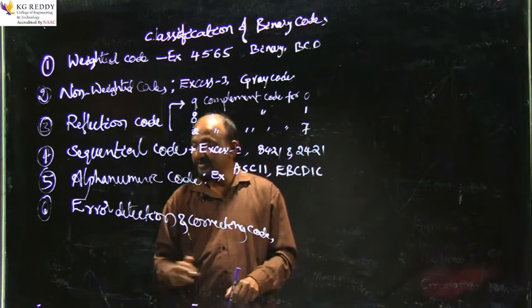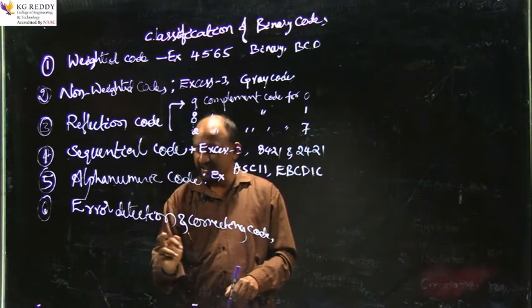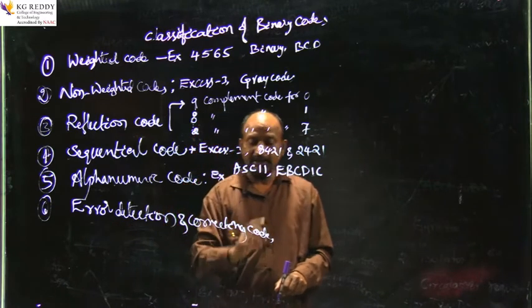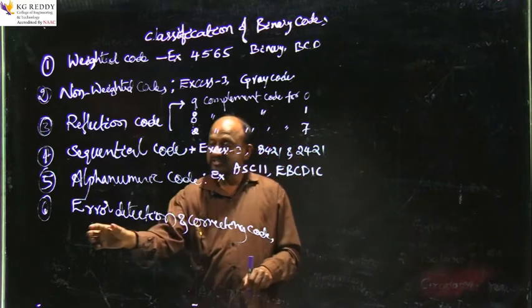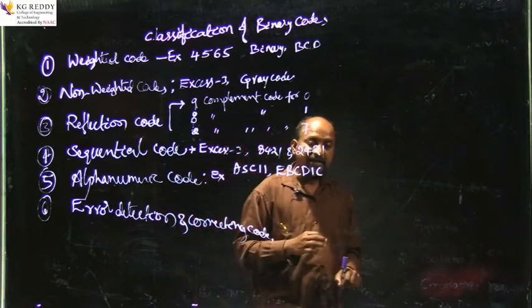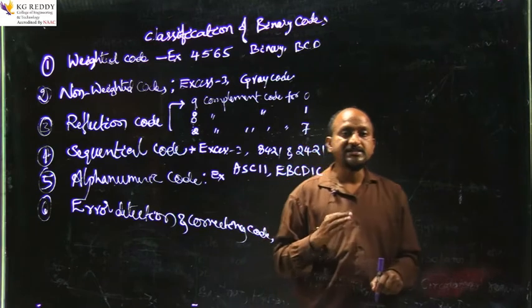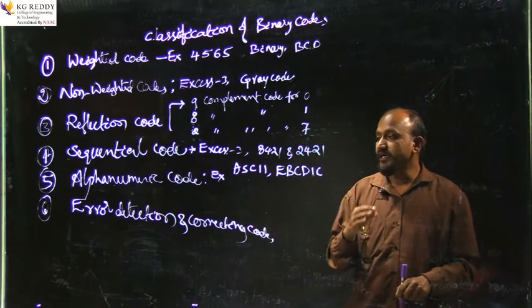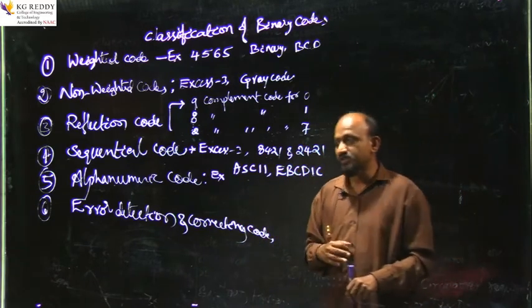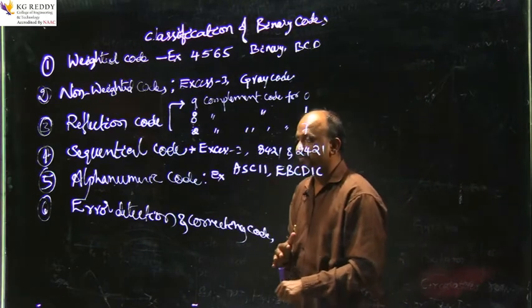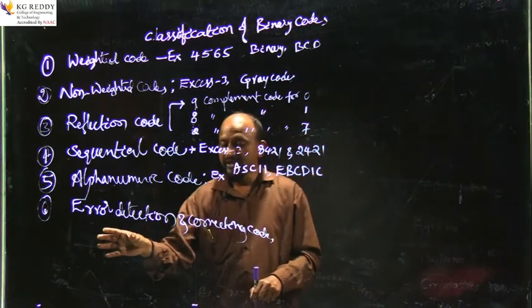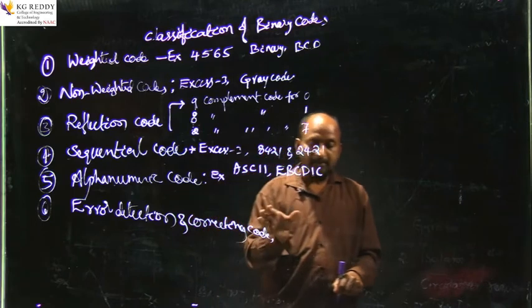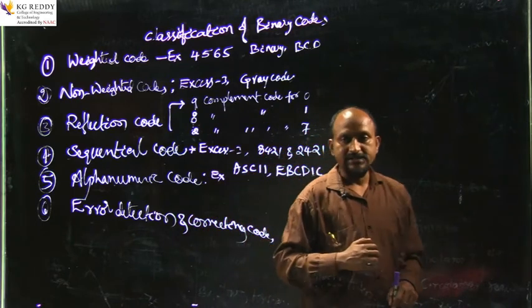The last one is error detection and correcting codes. This is a very important one which plays a major role in digital communication, digital computers, and digital information, especially in wireless communication.